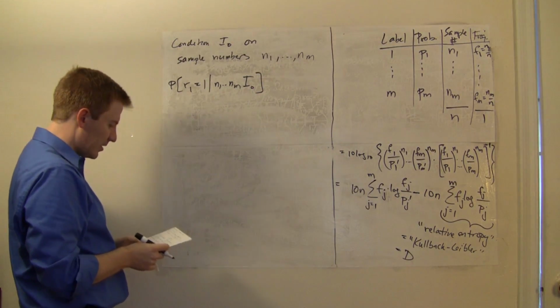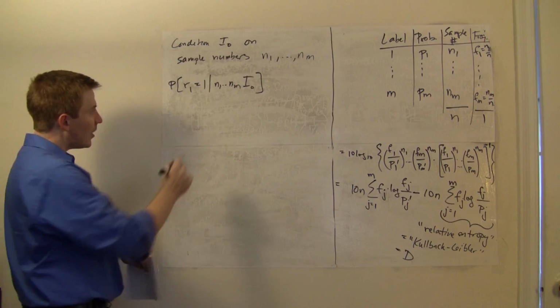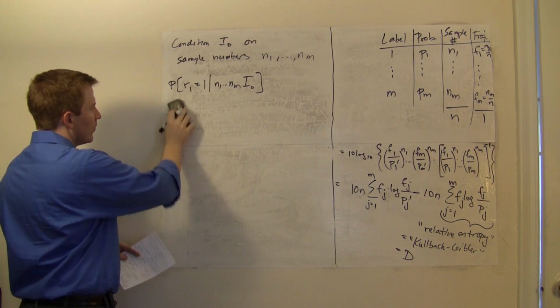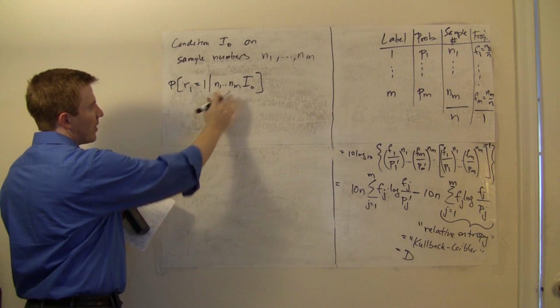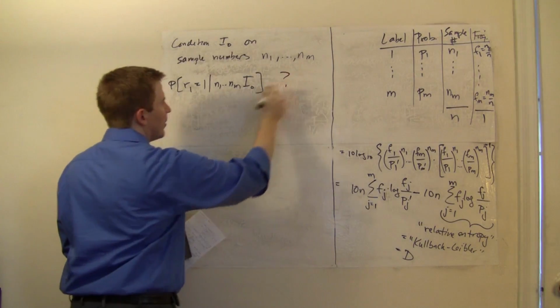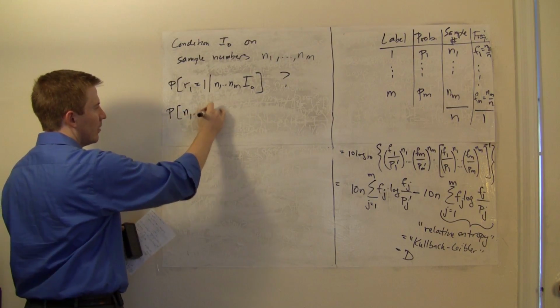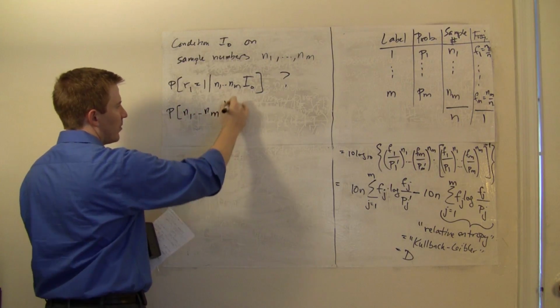So what we're going to need to know is the multiplicity of this event and of events like this. As we work our way up to this, let's start with the question, what's the probability of getting a particular set of sample numbers?